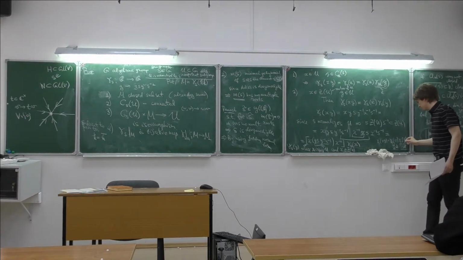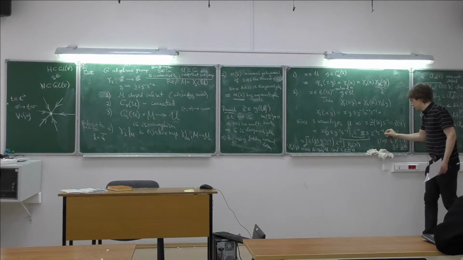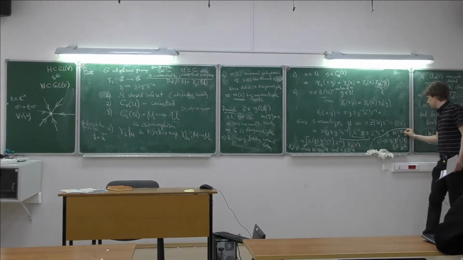Yeah? So this is an element of the center, and this is an element of U, so you can commute them to write down gamma s of x and gamma s of y. Okay?